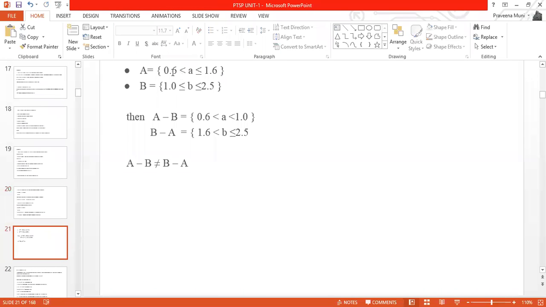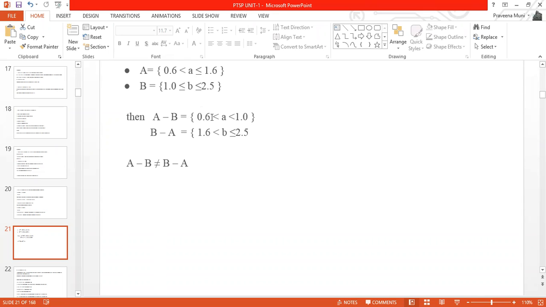Okay. So you take this example. A is from 0.6 to 1.6, whereas B is from 1.0 to 2.5. Can you tell me what is A minus B? Elements of A which are not present in B. B will start from 1 onwards, whereas A will end at 1.6. So what is A minus B?